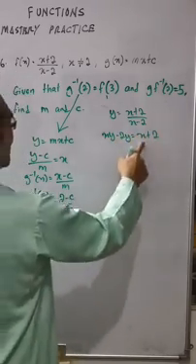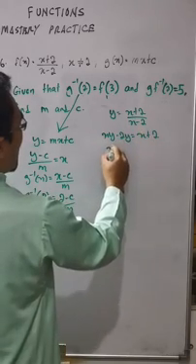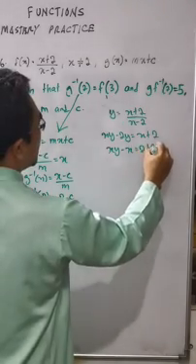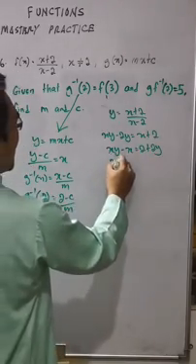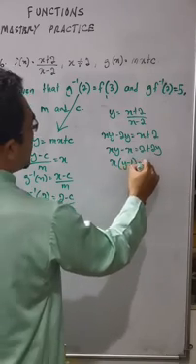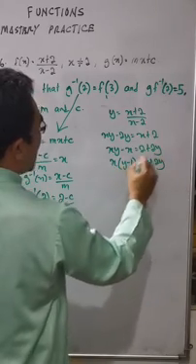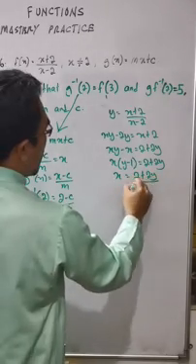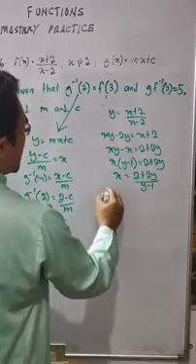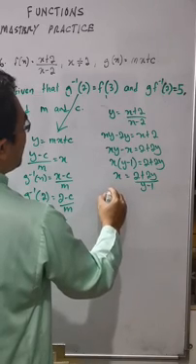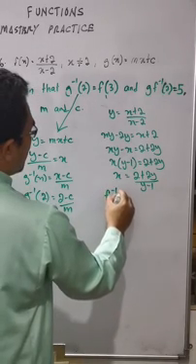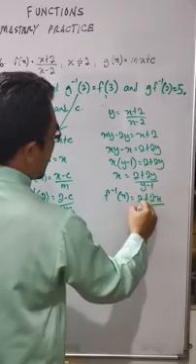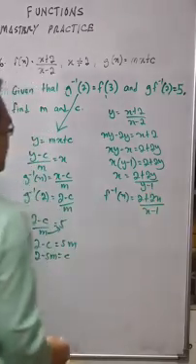To make x the subject, I move this x to the other side: xy minus x equals 2 plus 2y. Factorize x: x(y minus 1) equals 2 plus 2y. So x will be (2 plus 2y) over (y minus 1). So the inverse of f(x) will be (2 plus 2x) over (x minus 1).